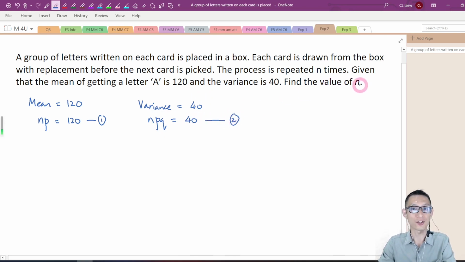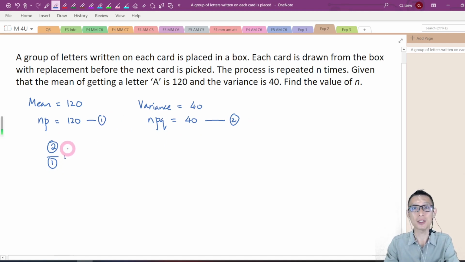The question is asking about n. If I want to find the value of n, I need the value of p, right? So how do I get the value of p? Let me get the value of q first. First, we have to get rid of n and p at the same time. So I'm going to take the second equation divided by the first equation.